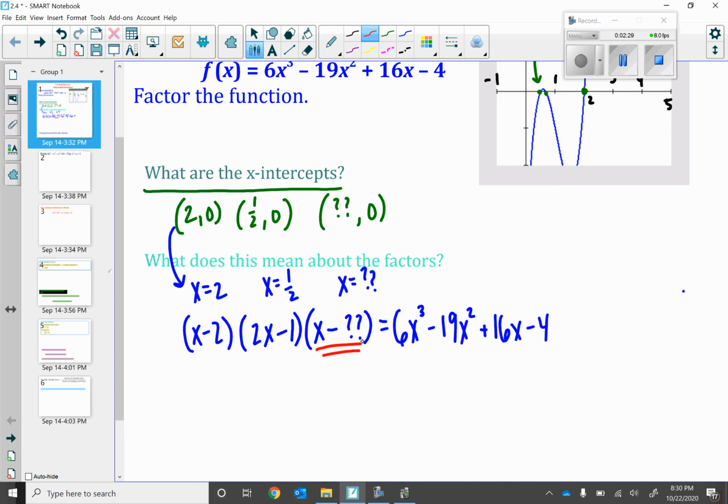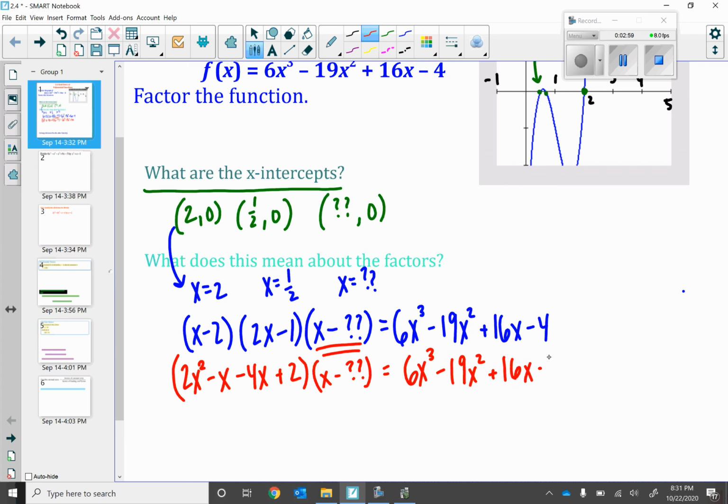Well, let's start at the very least by foiling out these first two factors. So we have x times 2x, 2x squared, first, outside, minus x, inside, minus 4x, last, plus 2. I still don't know this factor, x minus question mark. And this is equal to 6x cubed minus 19x squared plus 16x minus 4.